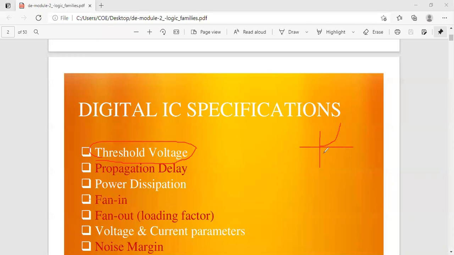The voltage at which the device turns on is called the threshold voltage. It is the minimum voltage required to turn on the device. Here it is a voltage level which is used to change the state. So this is the first one.